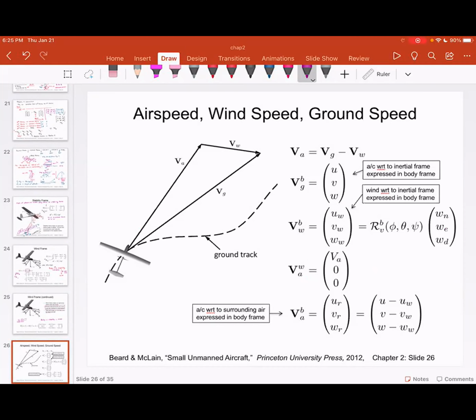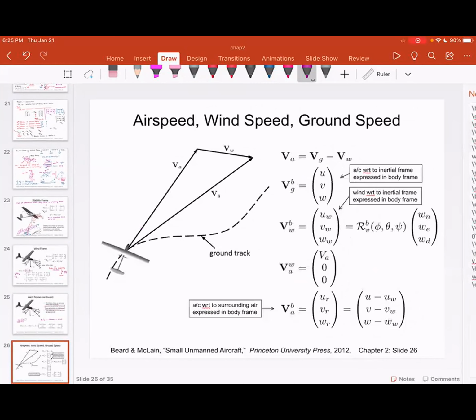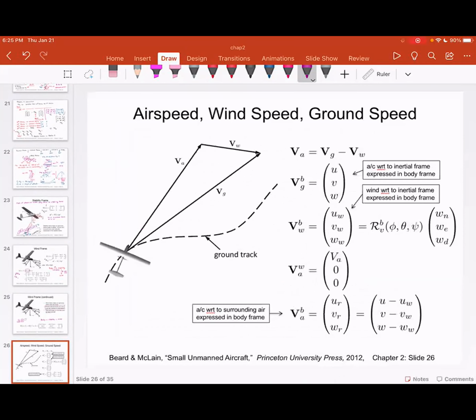This is a vector triangle: VA is equal to VG minus VW, or VG, the ground speed, is equal to VA, the airspeed, plus VW, the wind speed.